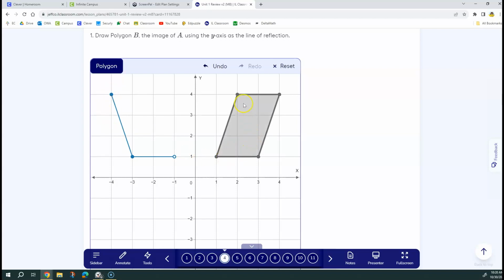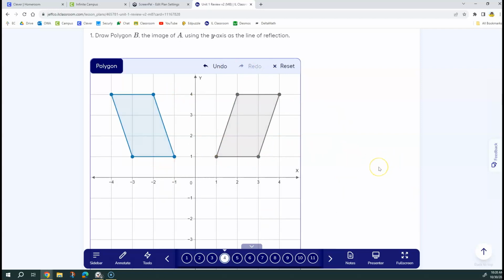And then my last point is right here, the upper left. This point is 1, 2 steps away from my line of reflection, so I am going to go 1, 2 steps away in the other direction. And then I need to go back to my first point and click there. And now I have this polygon reflected over the y-axis.